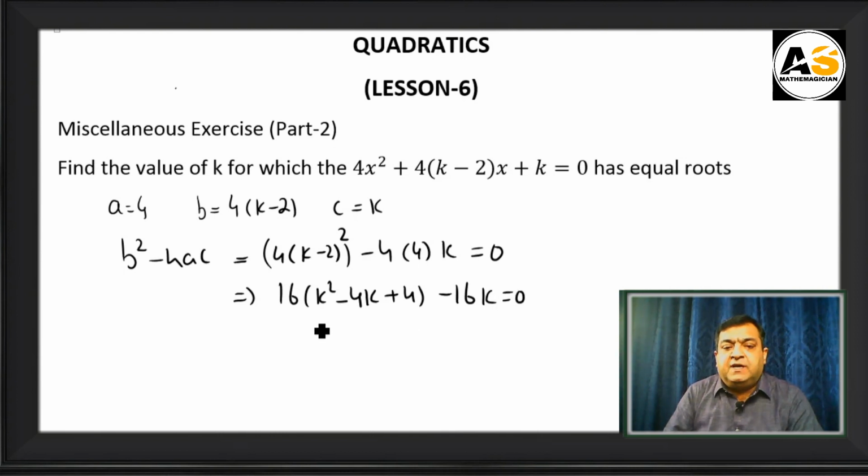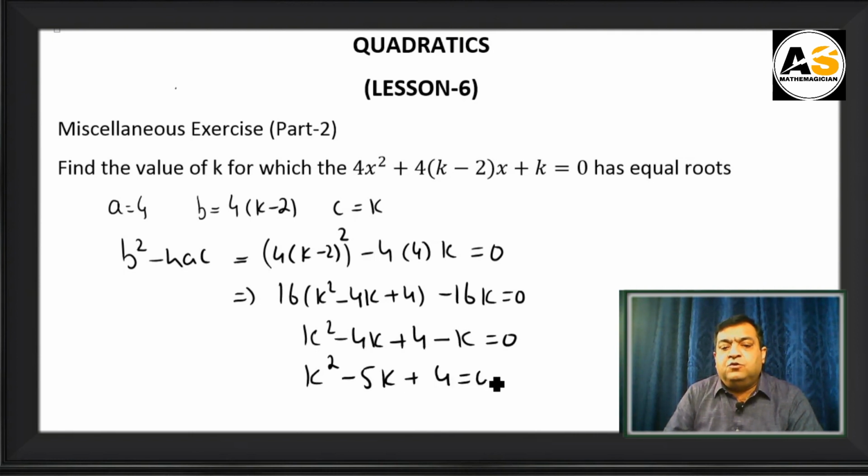Dividing this equation by 16, k square minus 4k plus 4 minus k is equal to 0, which will be reduced to k square minus 5k plus 4 is equal to 0.